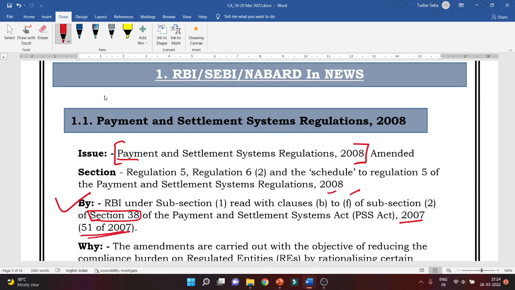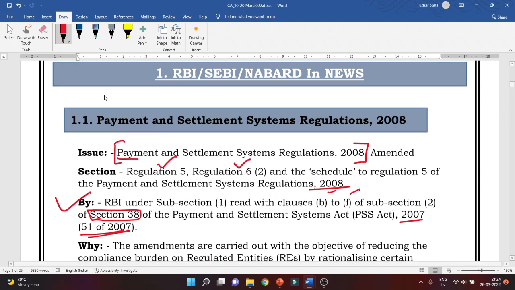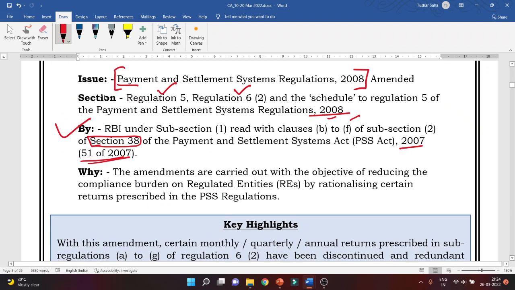In this section of the Act, the RBI was given the power for an amendment, and RBI has amended Regulation 5, Regulation 6(2), and the schedule to Regulation 5 of the Payment and Settlement System Regulations 2008. Why is this change being made?